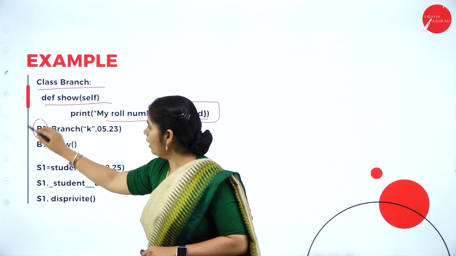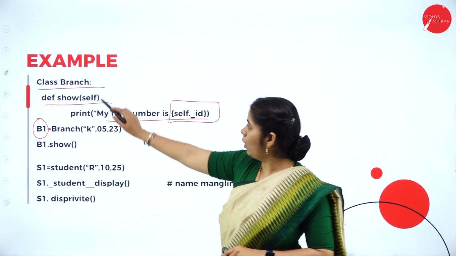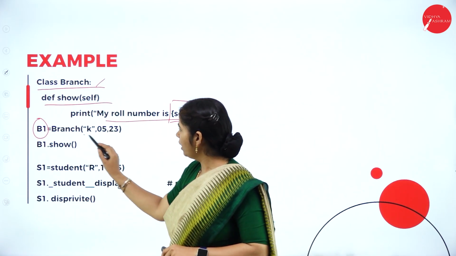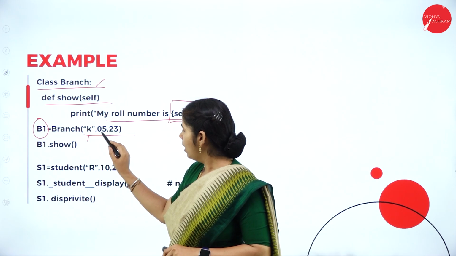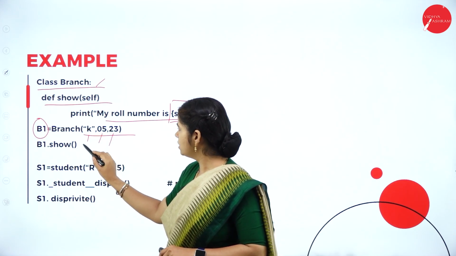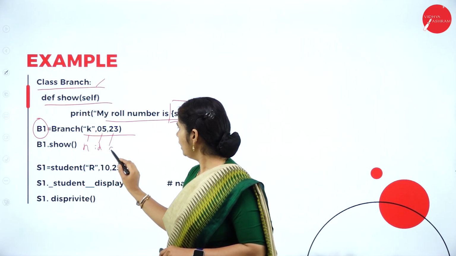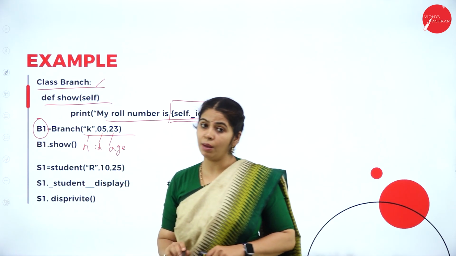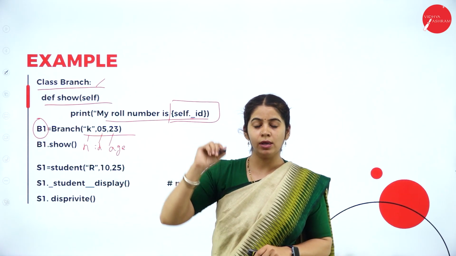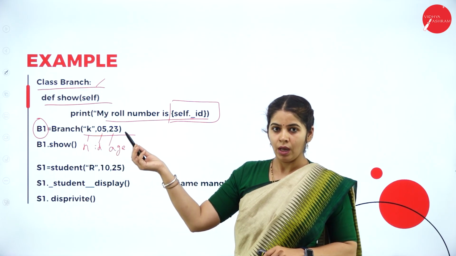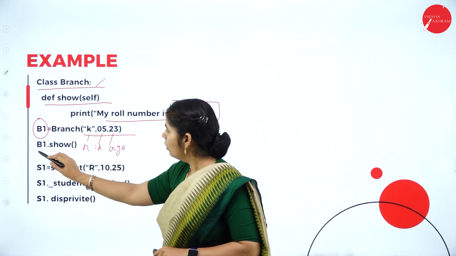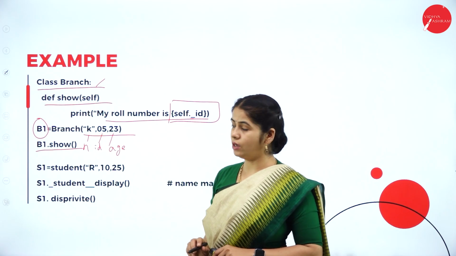Now I am creating one object that belongs to the branch. What I am giving as parameters are name, ID and age, which are the parameters of your base class, right? Then we are calling the function b1.show.